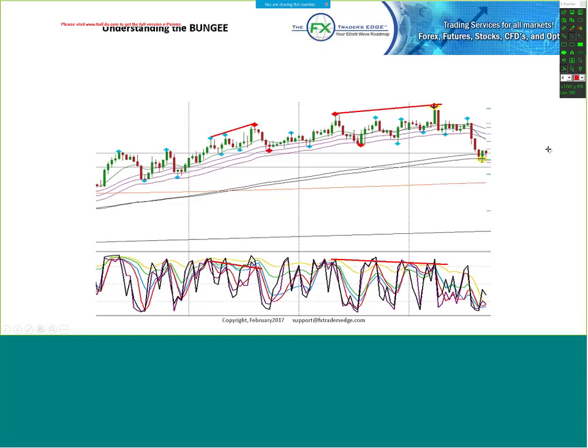Okay. So if you've never noticed that before, that might be something you just want to be aware of when you're checking out divergences. We don't just have to look for divergence on the awesome oscillator. It doesn't matter what the time frame is. It really doesn't. These rules apply to any time frame.